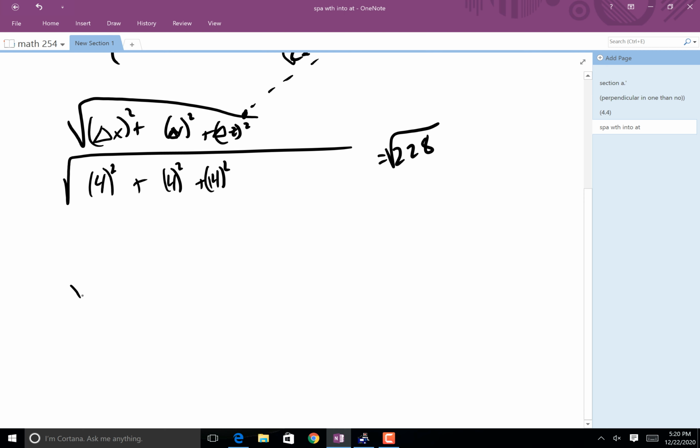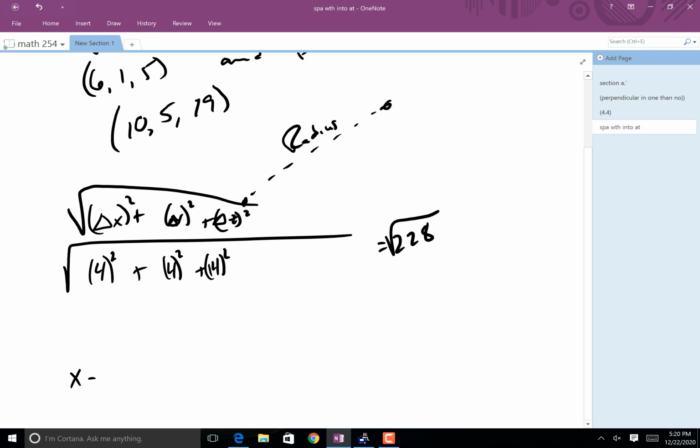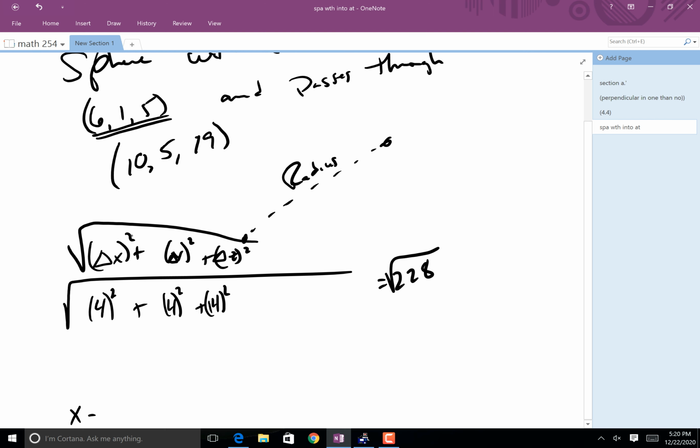So what I know is this. I know that the equation of my sphere will be (x minus 6) squared plus (y minus 1) squared plus (z minus 5) squared equals the square root of 228, squared.